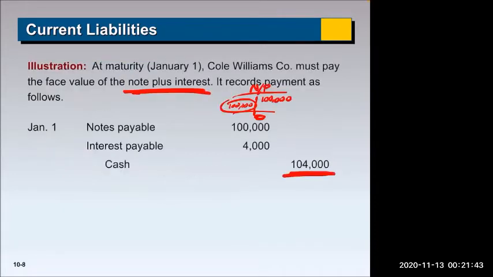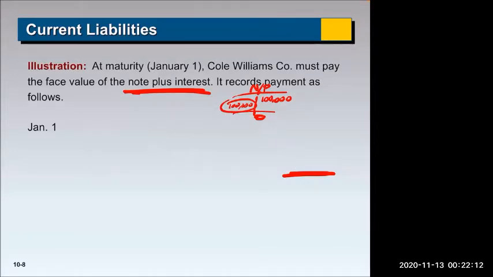Now one thing might come up in that, and we'll go over this when we talk in class, but if I have a note that, let's say it started in September and I'm making my financial statements at the end of September. If I borrow money on September 1st, but I make my financial statements at the end of September, then I would accrue 1 month of interest.